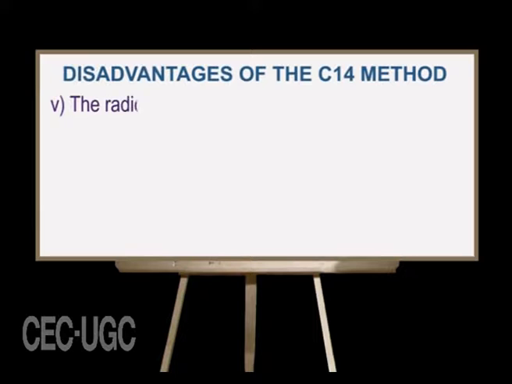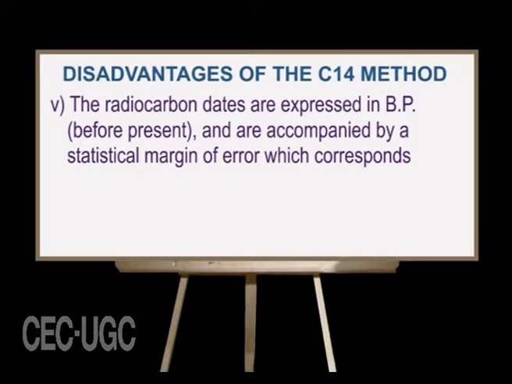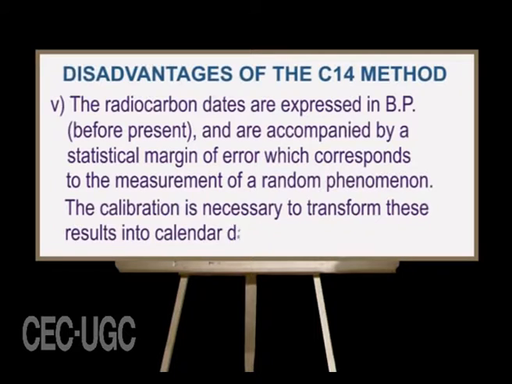Lastly, the radiocarbon dates are expressed in BP, and are accompanied by a statistical margin of error, which corresponds to the measurement of a random phenomenon. The calibration is necessary to transform these results into calendar dates.